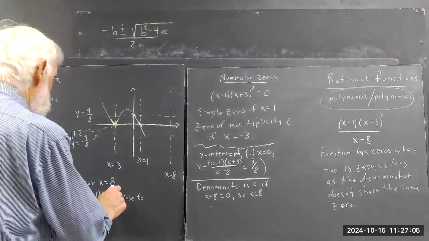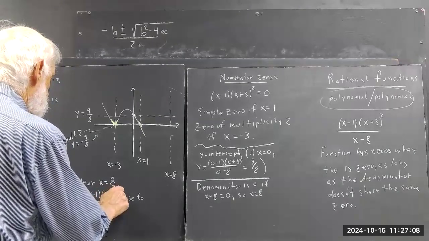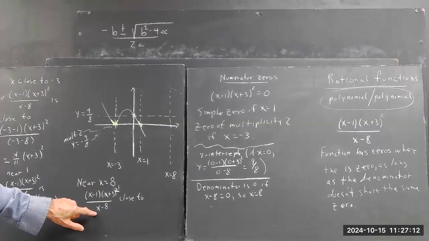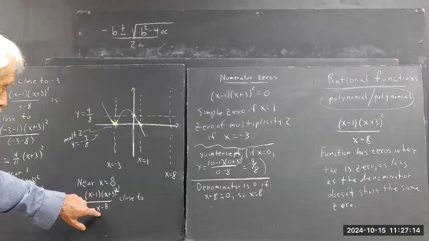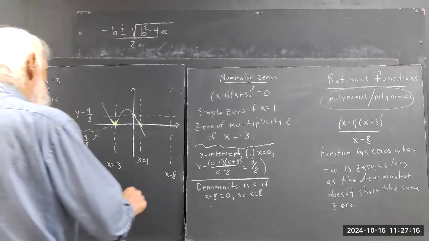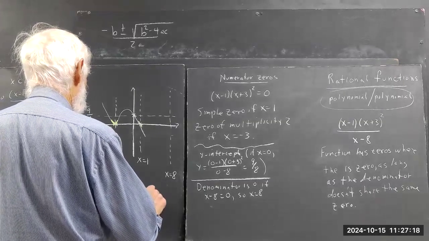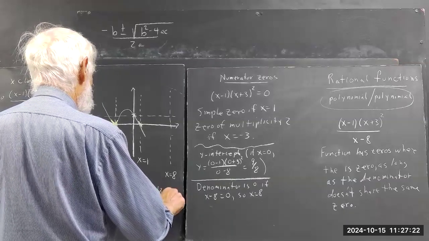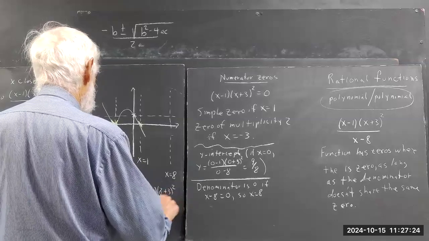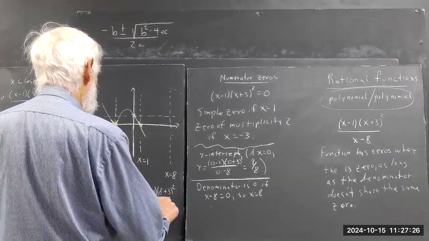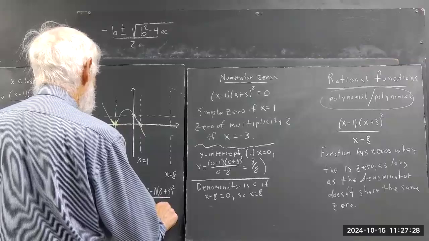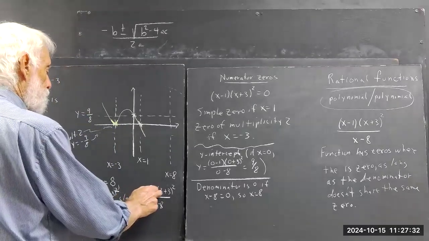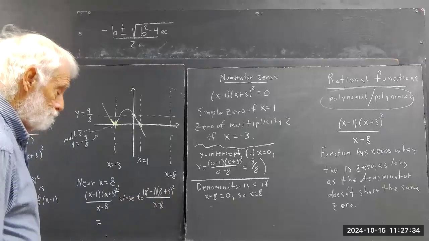Well, if I plug 8 in for all the x's except the one that would give us a zero here, we're going to get (8 minus 1) times (8 plus 3) squared over x minus 8. And that equals, that's 7, and that's 121.